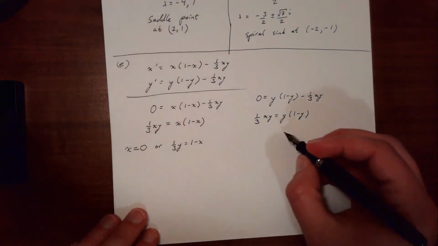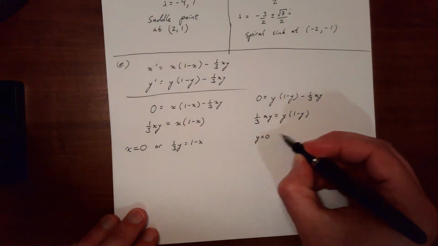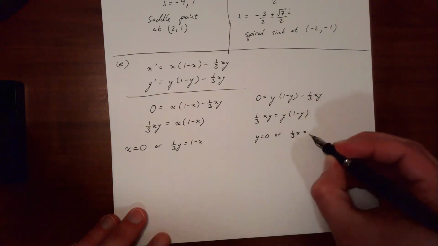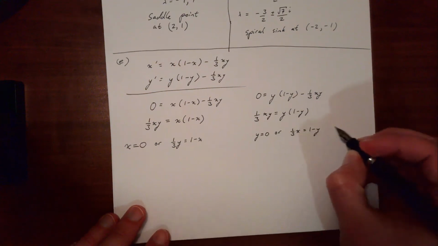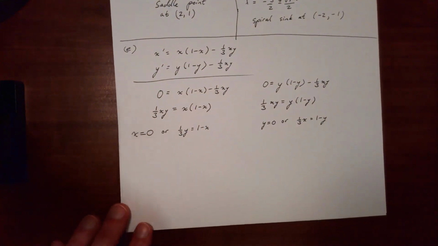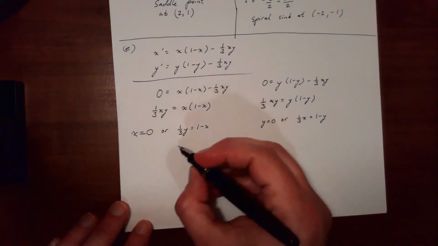Over here, by the same token, y equals 0, or 1/3 x equals 1 minus y. So these correspond basically to the nullclines that we have already been looking at.